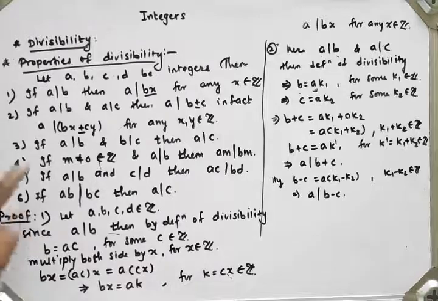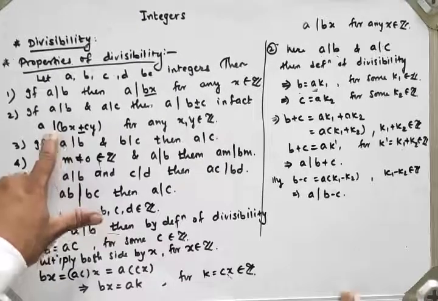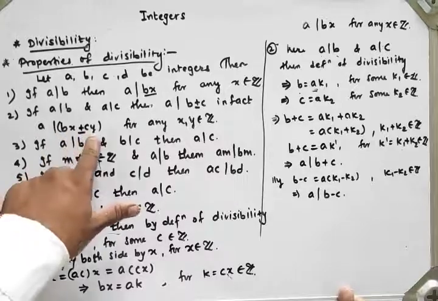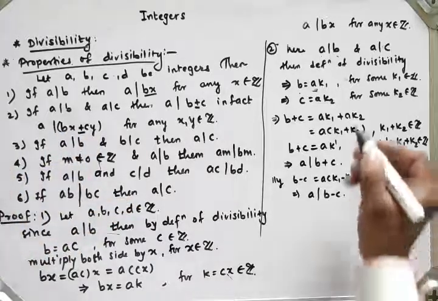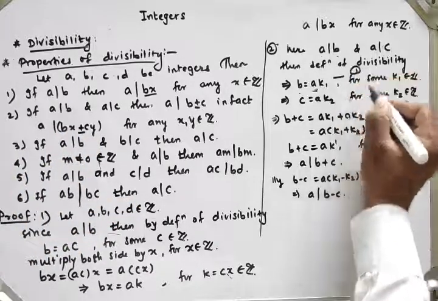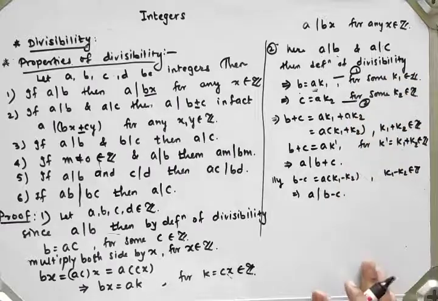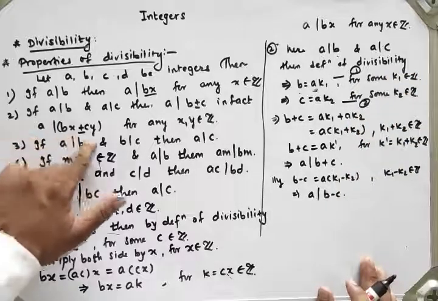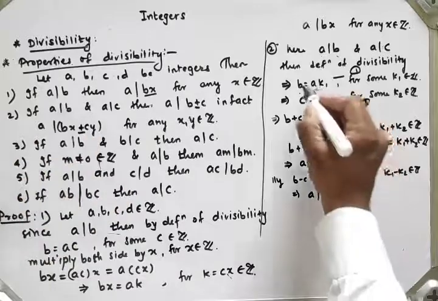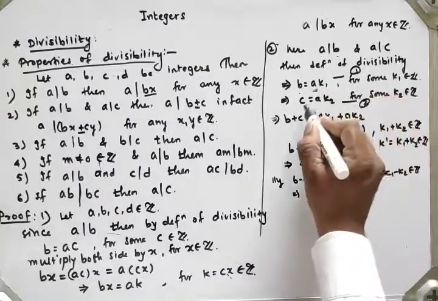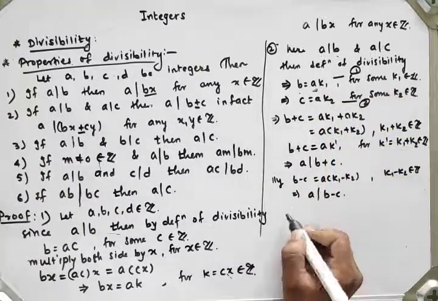Now we will show this property. Now to prove this, a divides bx plus cy, right? So this is equation number 1 and this is equation number 2. So what we want here? bx and here cy. So multiply equation 1 by x and multiply 2 by y. So what will we get?